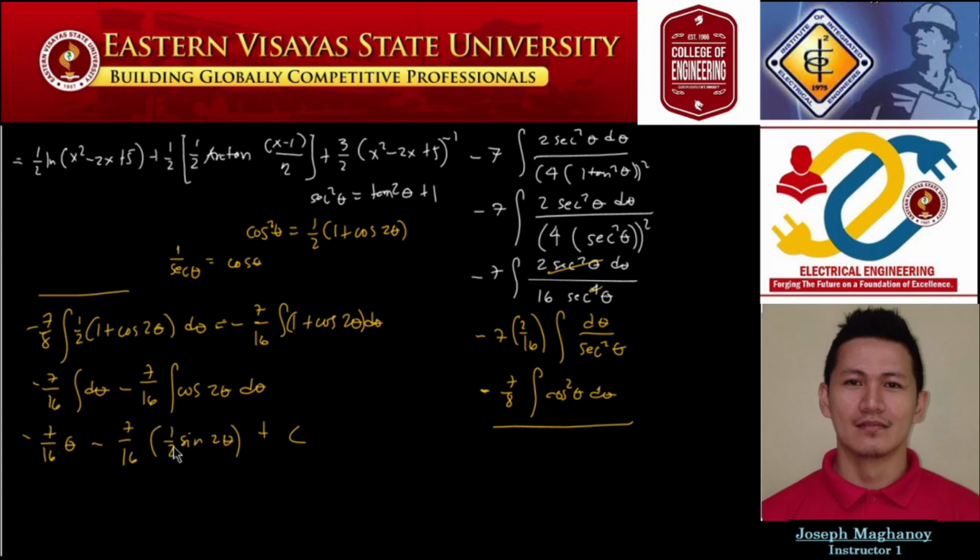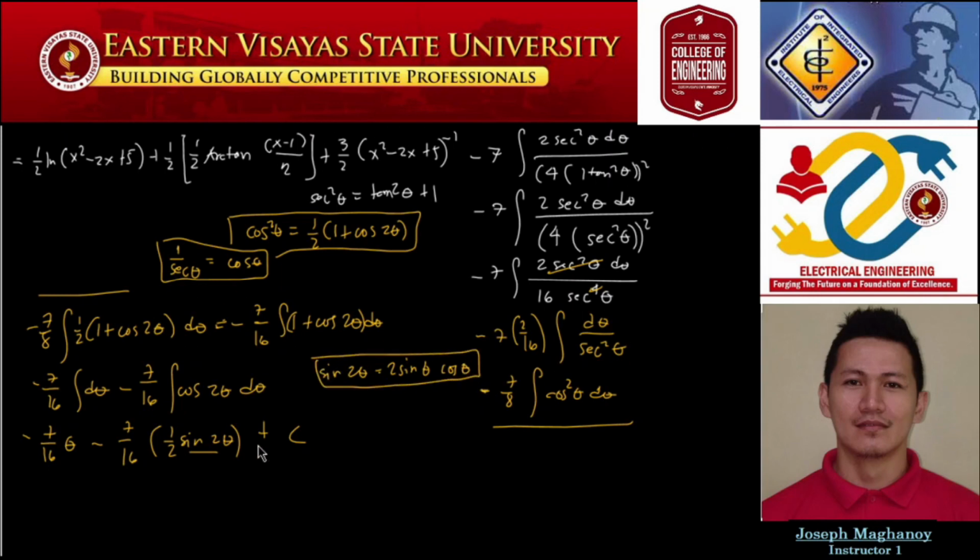You just carry out this 1 half, and use another identity for your sine 2 theta. We can still use an identity. What is that identity? Sine 2 theta is also equal to 2 sine theta cosine theta. So we use this identity, and substitute it here.